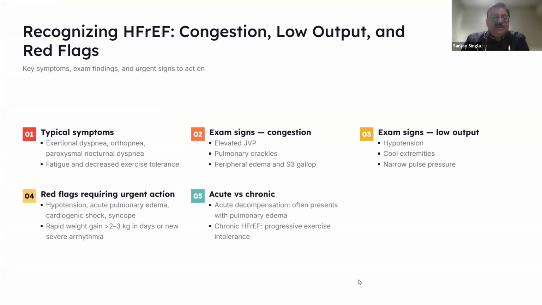Red flags, the urgent action problems: hypotension, acute pulmonary edema, cardiogenic shock, syncope, rapid weight gain. We have to see that patients of heart failure don't gain weight. Once the patient starts gaining weight, that means the patient is decompensating. Acute decompensation often presents with pulmonary edema. Chronic HFrEF is progressive exercise intolerance.